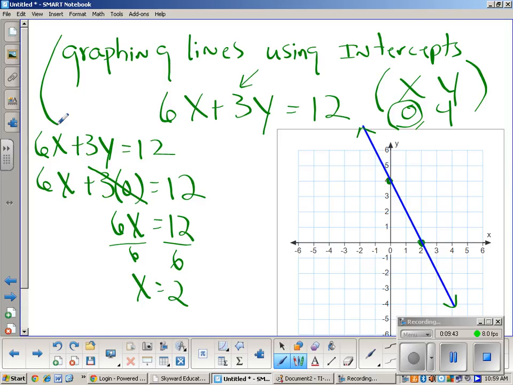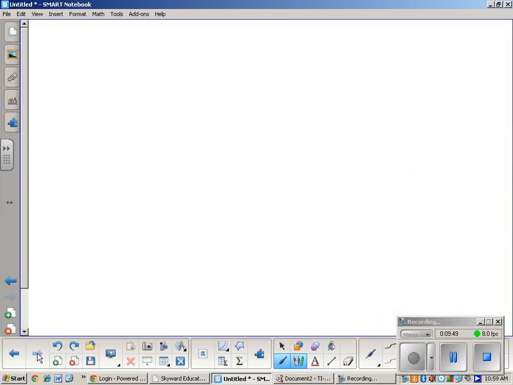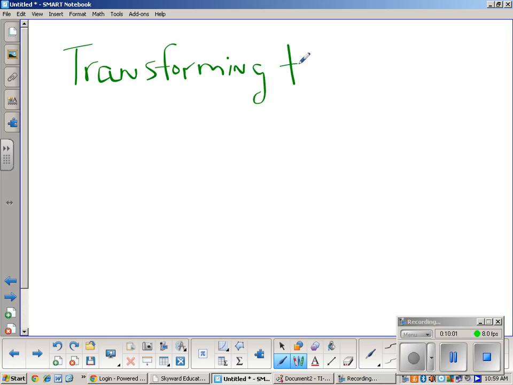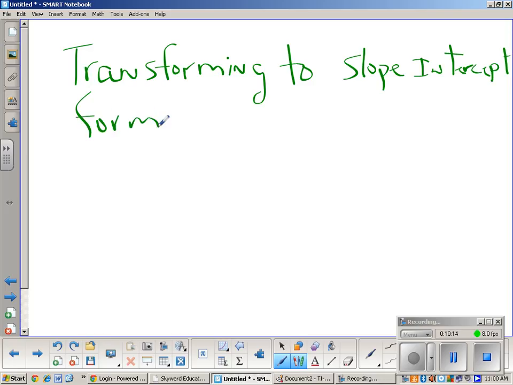Now, here's the situation that a lot of people struggle with, and it is transforming equations. It's the one thing I struggle with.